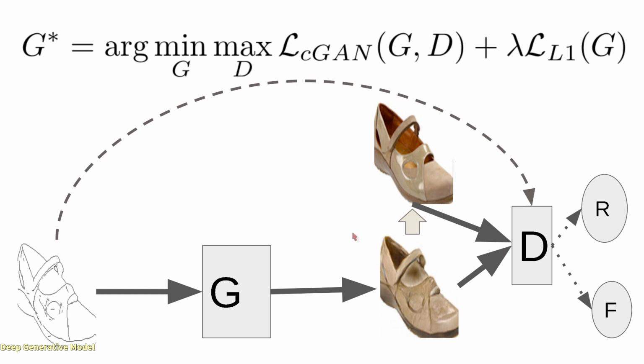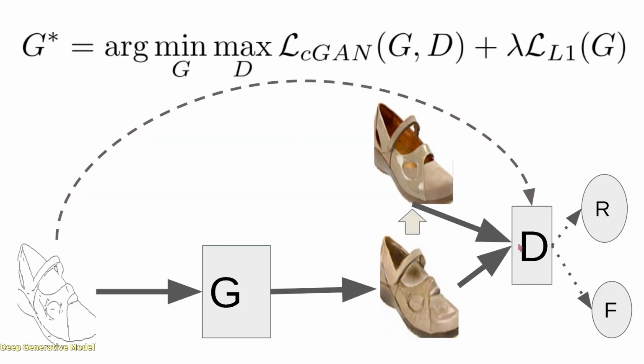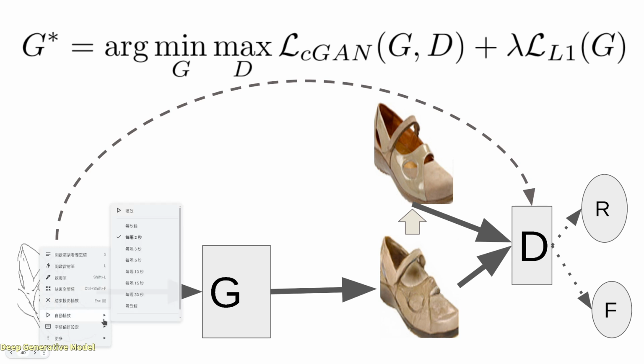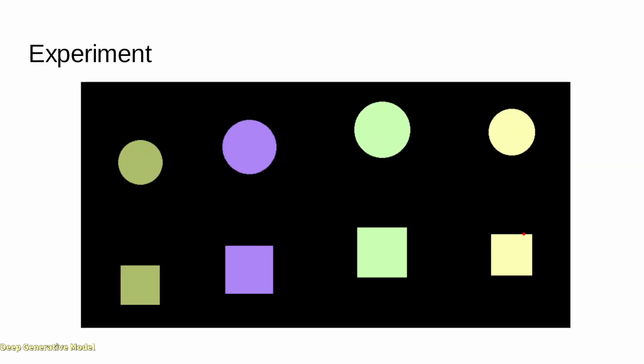You can consider it as GAN plus one supervised L1 loss, or you can consider it as a supervised loss with an additional adversarial loss. Both are fine, they are just a combination of supervised learning and this adversarial loss.